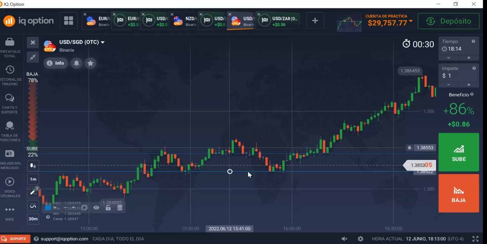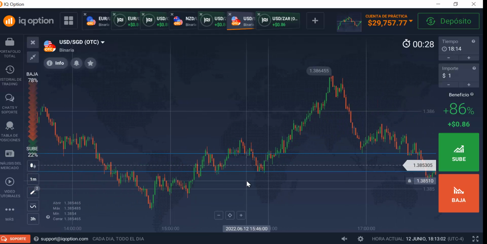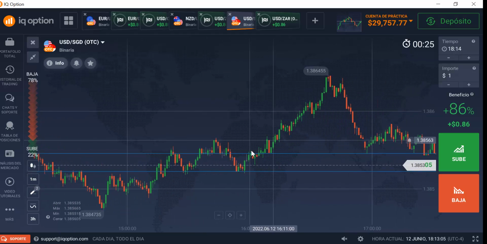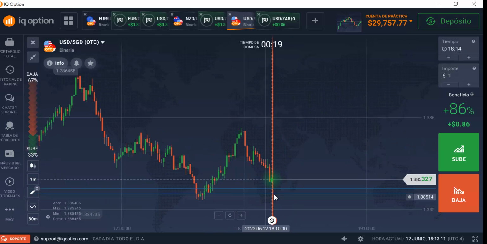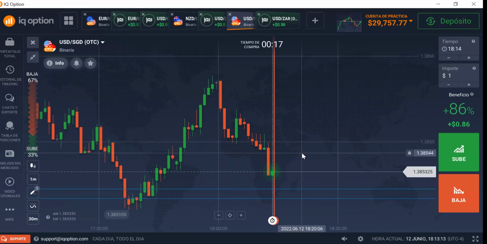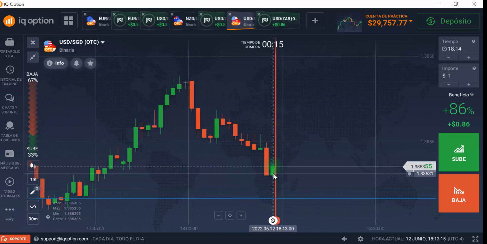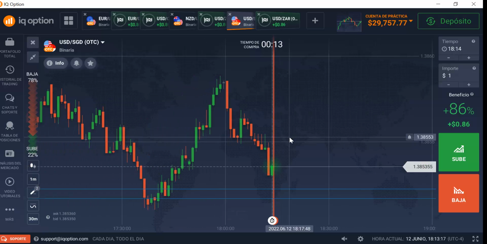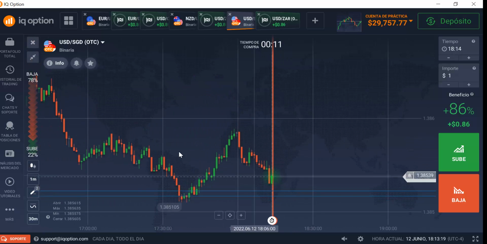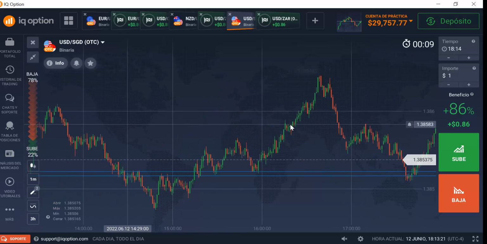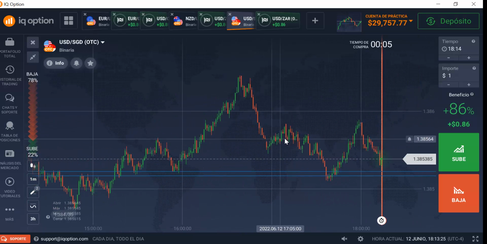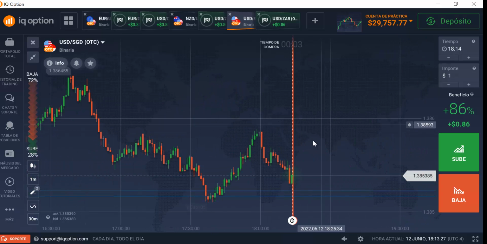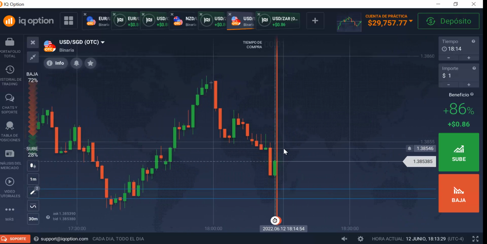That's a level right there, right? That's a level that could reverse the market, right here. So I need to see what's gonna happen here. A big candle means that the market is going to reverse in this scenario. So I need to see now what's going to happen.